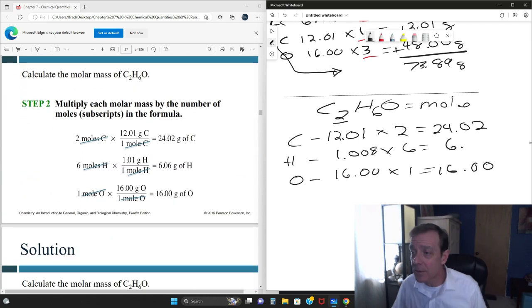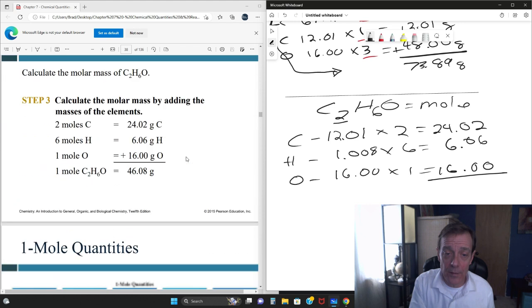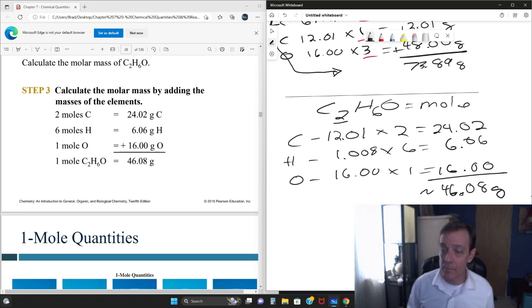Yeah, just round it up to 6.06. And then you add all of those up. So the approximate molar mass of that compound is 46.08. Units are grams. Never forget the units, what units you're working in.